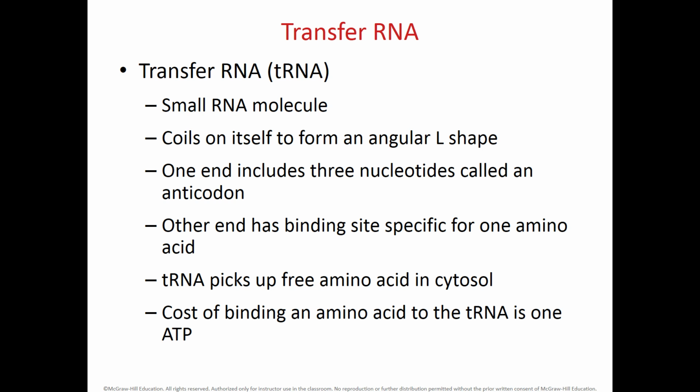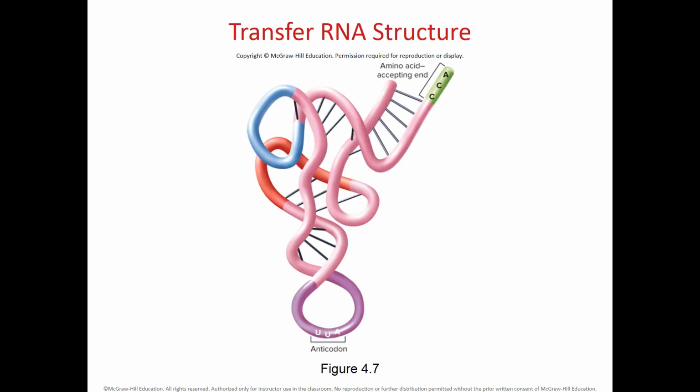The tRNA gets these amino acids from the cytosol, from what we call the free amino acid pool. And as the tRNA brings these amino acids into the growing chain of polypeptides, you start using ATP.